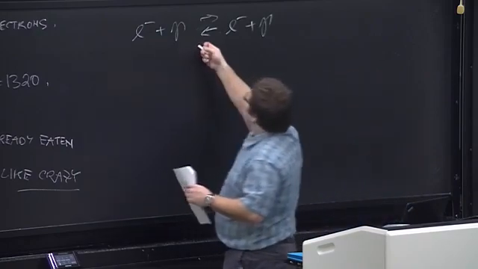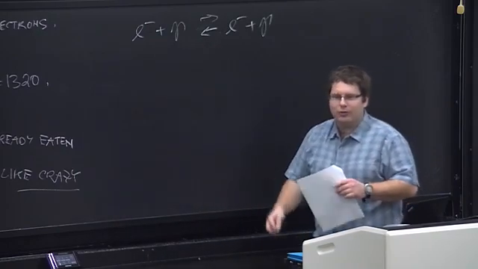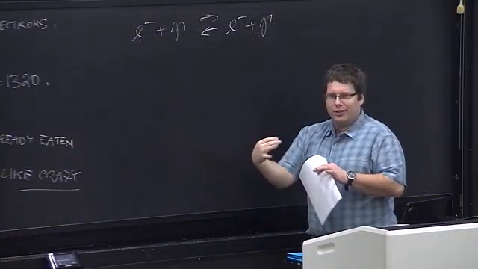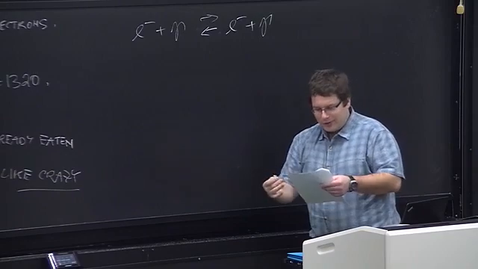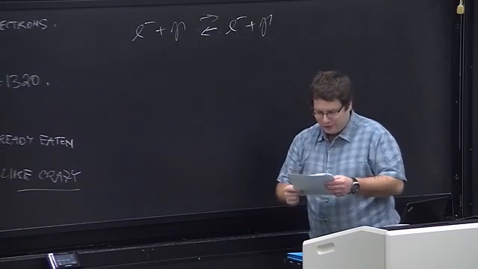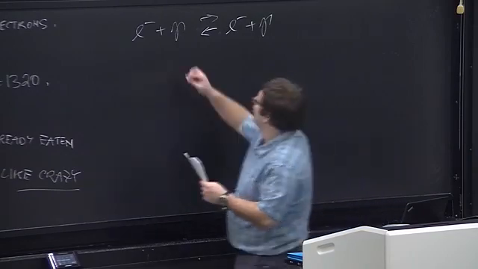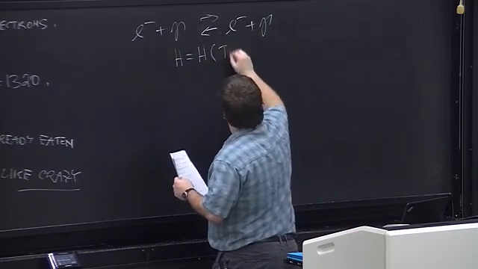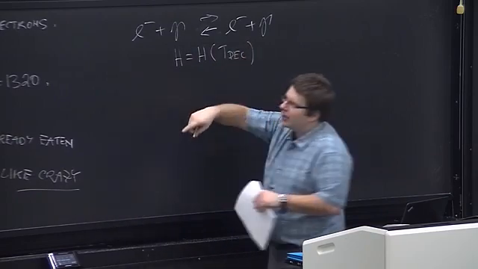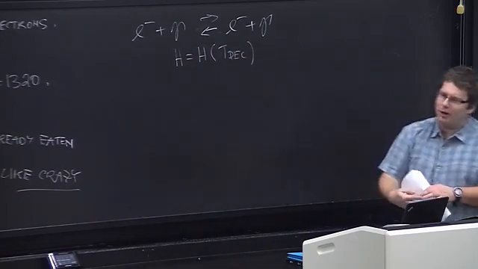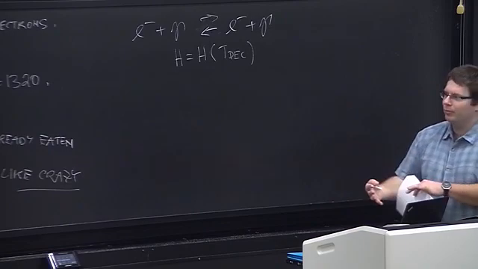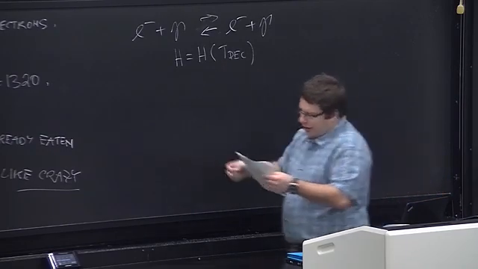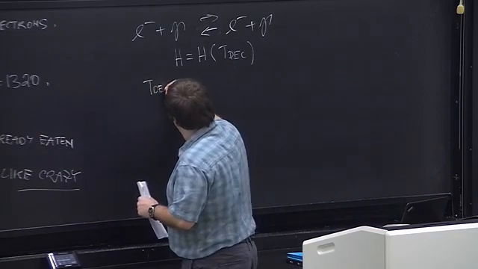So you need to cease these interactions, and only after the reaction rate of these interactions is very, very low is the universe finally transparent. So there's H, which depends on temperature, and you can do exactly the same calculation. You compare gamma of this interaction with the Hubble expansion rate, and that gives you T decoupling.